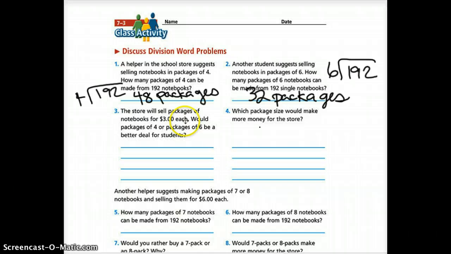The store will be selling packages of notebooks for $3 each. Would packages of 4 or packages of 6 be a better deal for students?